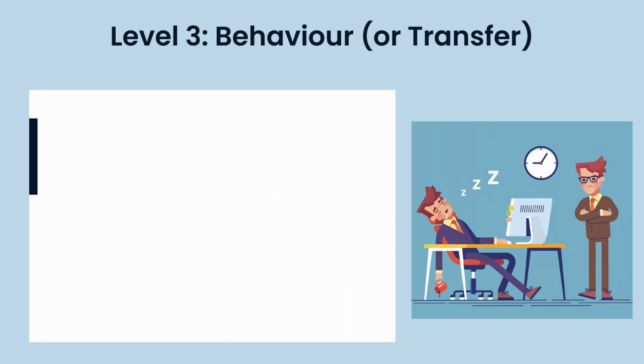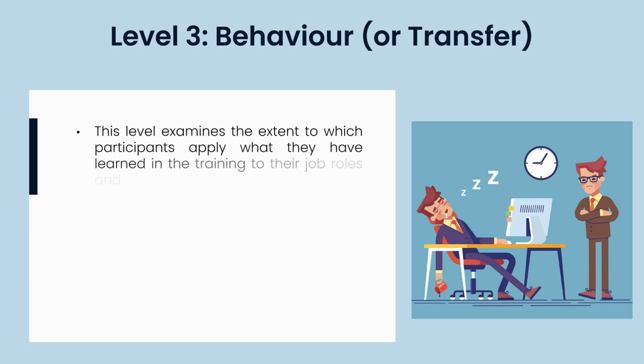Once we understand the reaction and learning of the training, the true evaluation of effectiveness of training comes at the third level, behavior or transfer of training. The purpose of the trainings is to inculcate desired job behaviors and habits in the employees. At this level, we examine the extent to which participants apply what they have learned in the training to their job roles and work environments.